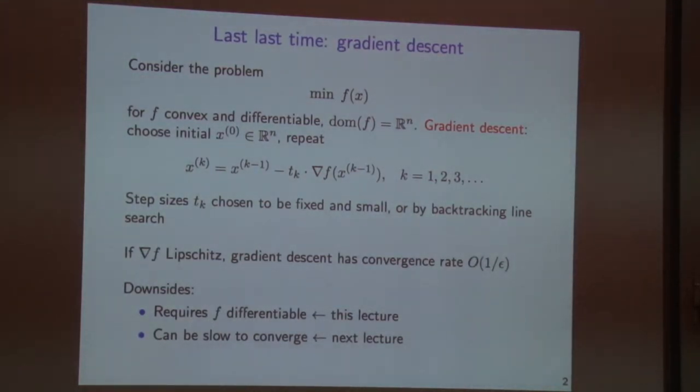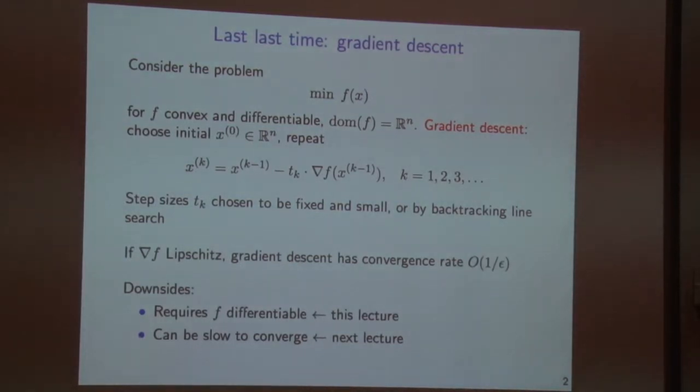The steps were just to repeatedly take steps in the direction of the negative gradient. You make some initial guess, x0, and then you iterate by finding the gradient at x_{k-1}, and then moving a small step in the direction of the negative gradient. These step sizes were chosen to be either fixed and small or by backtracking line search. Those are two strategies that we learned.